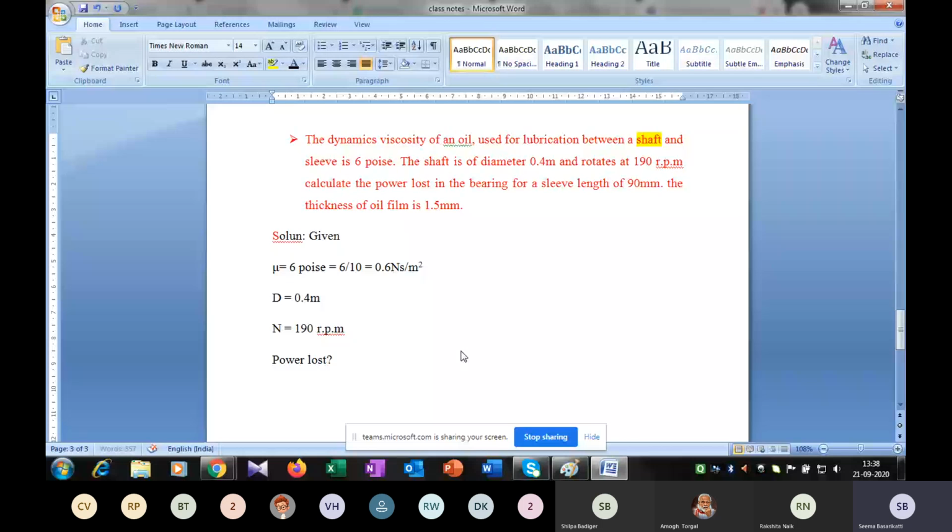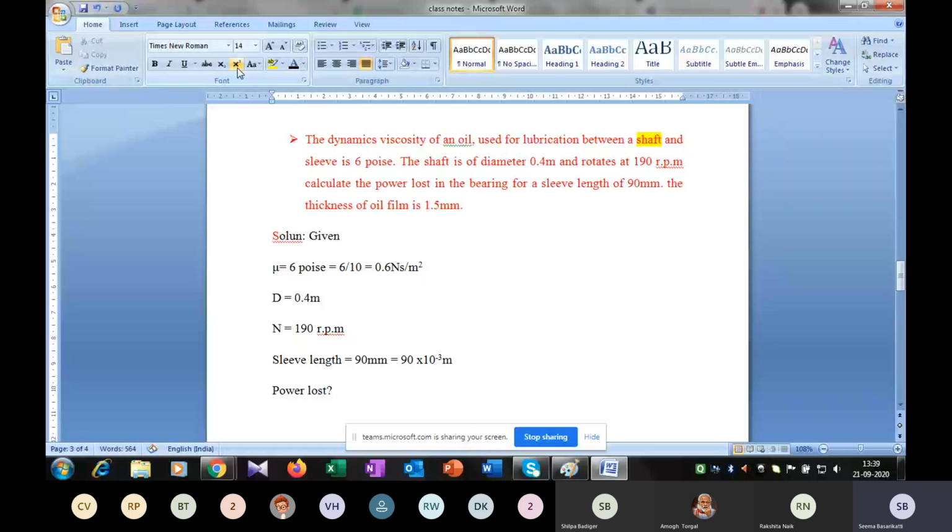Next, the bearing sleeve length. Sleeve length is equal to how much? It is equal to 90 mm. Convert this into meters, that is 90 into 10 raised to minus 3 meter.